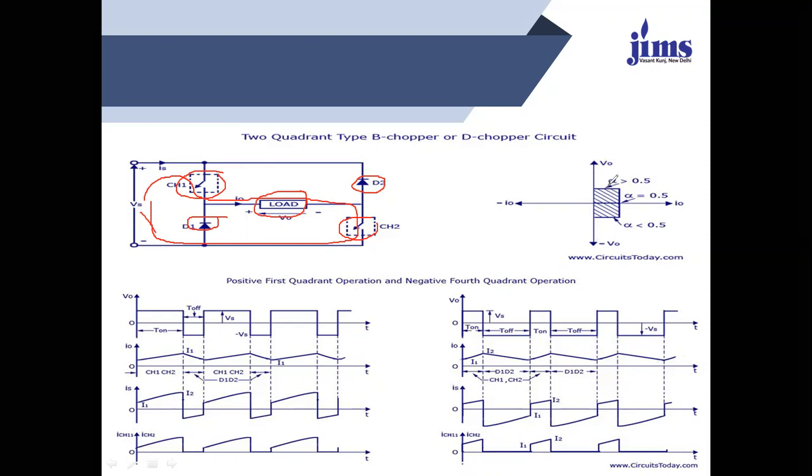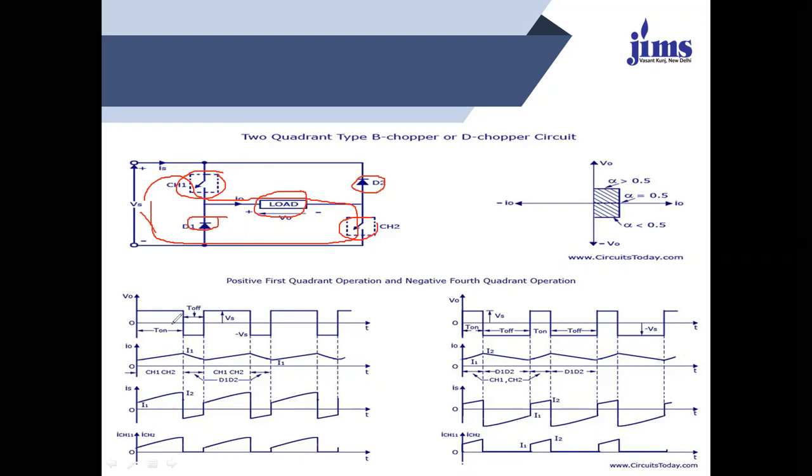For the first part it will be positive, for the second part negative. The first quadrant and fourth quadrant operations are performed in the type D chopper.